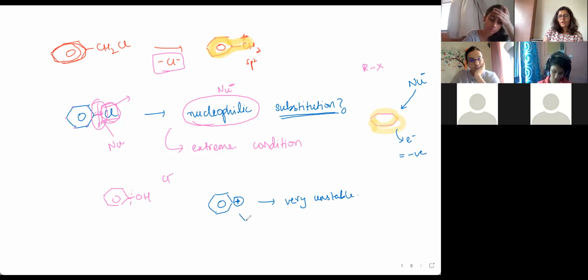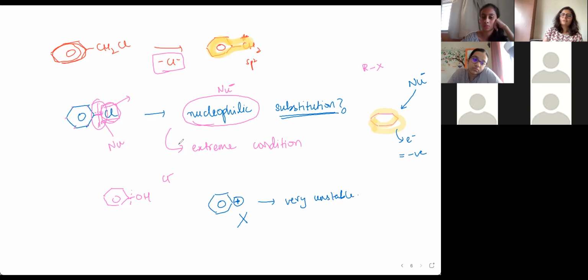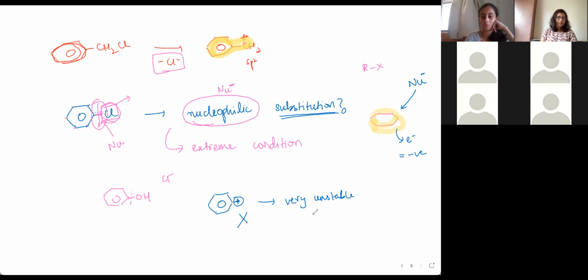So this will not form, it doesn't really exist, which means the Sn1 mechanism is also completely out of the picture. Again, to form this carbocation, Cl minus has to leave, which is again not possible. So nucleophilic substitution is not possible in the case of arenes.